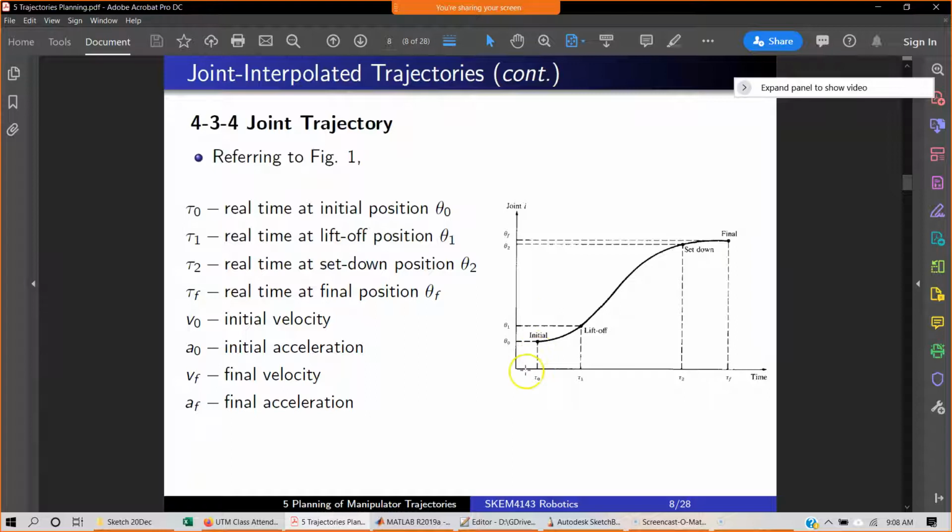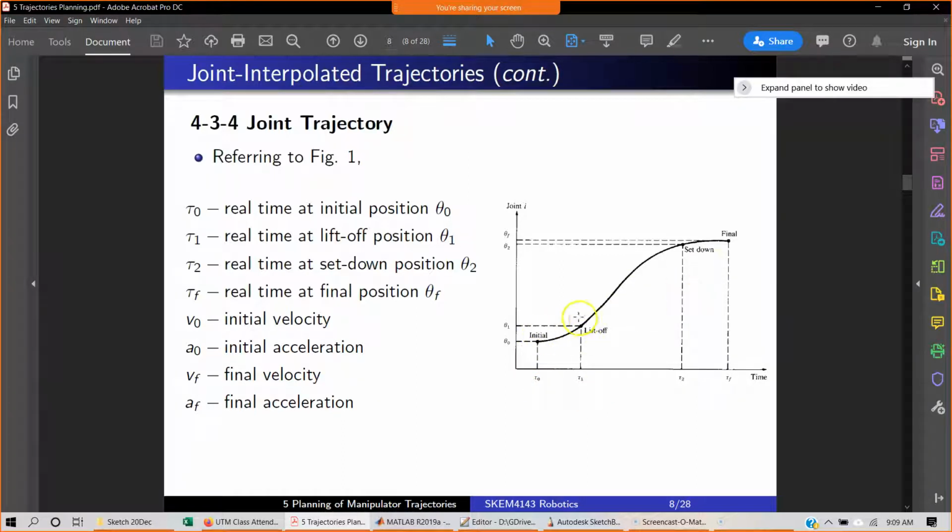From here, H1 will make sure that the end point goes through theta 1, and H2 is derived such that it begins at theta 1, and so on. So these 4 points have to be covered by H1, H2, H3.